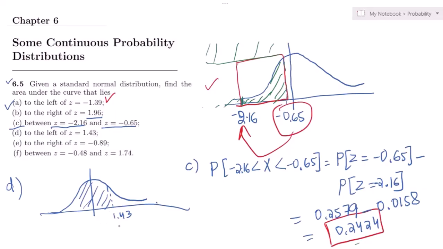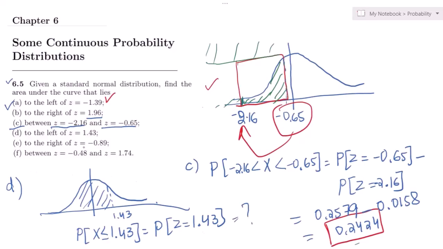This is to the left of it, so it would be the probability that x is less than or equal to 1.43, which is the probability that z is equal to 1.43. You have to consult the table, and in the rows you have to see the value for 1.4, and in the column for 0.03, and you will get the answer of it.